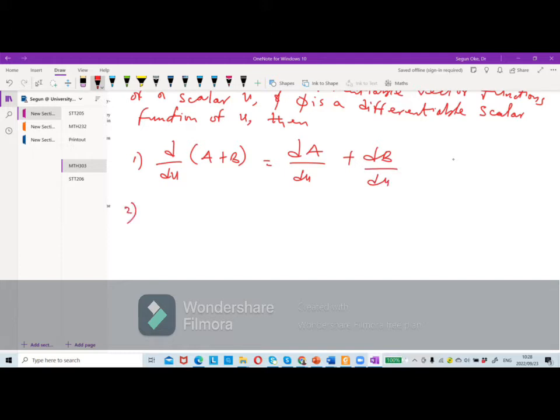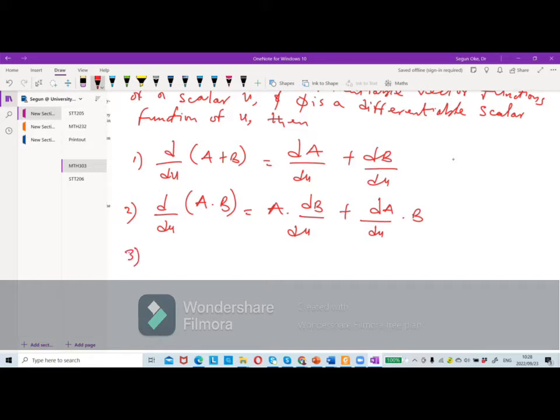Number two, when you have d/du of A dot B, it's the same thing as A dot dB/du plus dA/du dot B. Are we there?